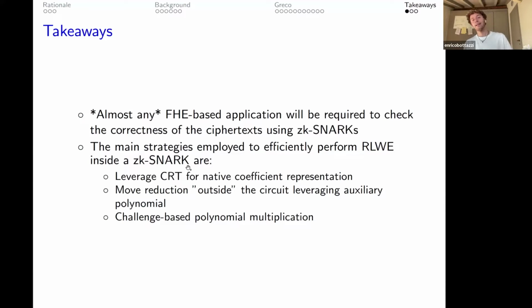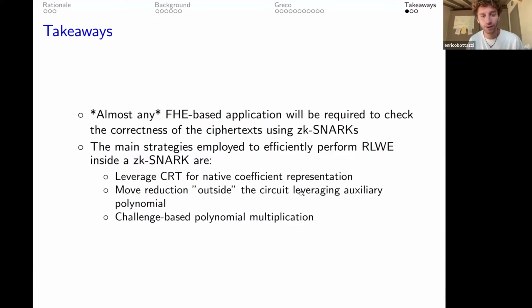And lastly, the strategies can be synthesized in these three very simple steps. We had the issue of how to represent these coefficients in a zk-SNARK. We solved that using the Chinese remainder theorem. Then we wanted to perform this ring polynomial reduction efficiently inside the circuit, so we leveraged these auxiliary polynomials that can be computed outside the circuit.